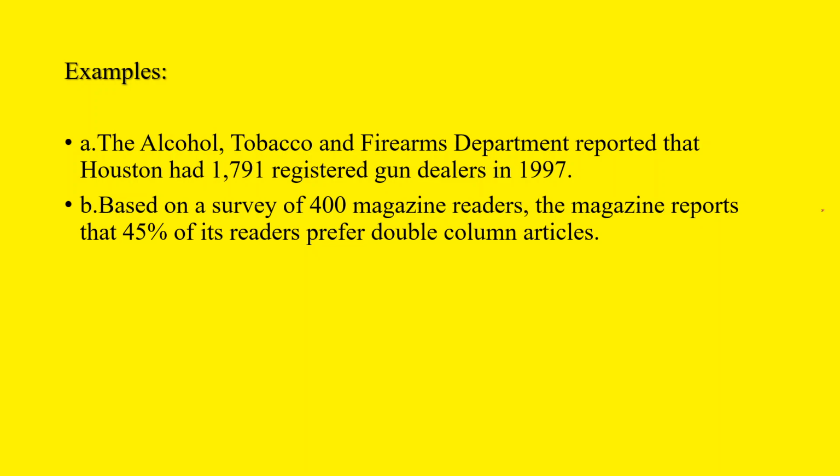So the statistic in the second example is 45%. So now I want to ask you, which one is inferential statistics and which one is descriptive statistics? Yes, the first one is descriptive. The second one is inferential.